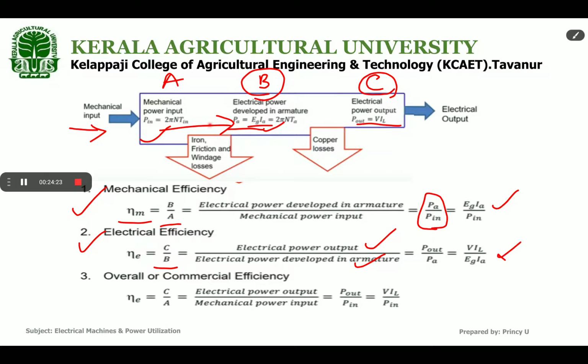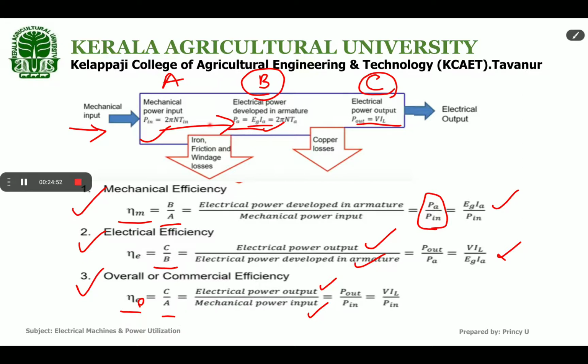So electrical power output by electrical power developed is the electrical efficiency. And the overall efficiency of a DC machine, which is also known as commercial efficiency, is represented as eta O. Eta O is C by A, the power stage C by A, that is electrical power output divided by mechanical power input, P out divided by P in.